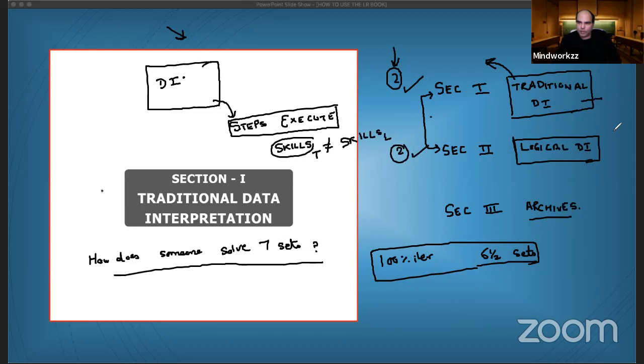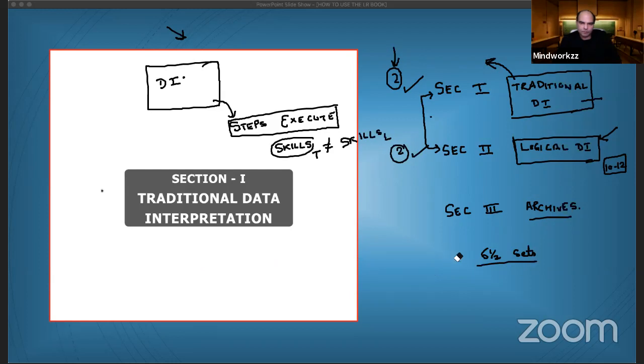Given the kind of logical DI questions which are not doable in less than 12 minutes. 10, 12, 14 minutes some of these questions take. And definitely for us also it takes that time. But imagine somebody solving a paper and the first set takes, let's say, 11 minutes. The second set takes 12 minutes. But what if in between we can get through one set in 5 minutes?